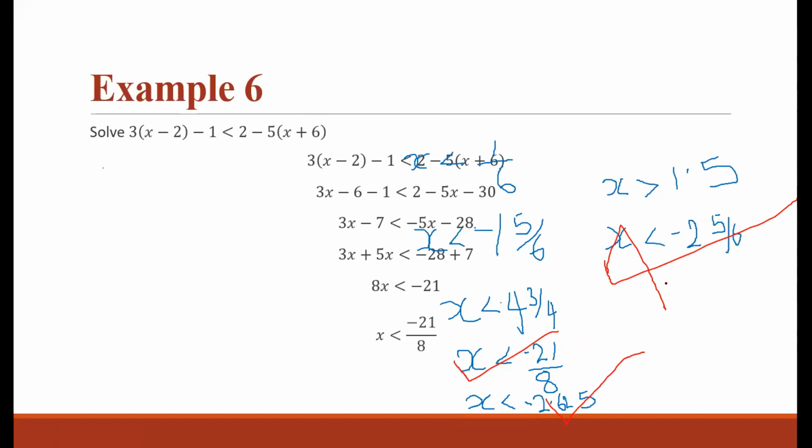The correct mixed fraction is supposed to be x is less than minus 2 whole number 1 over 8, something like that.